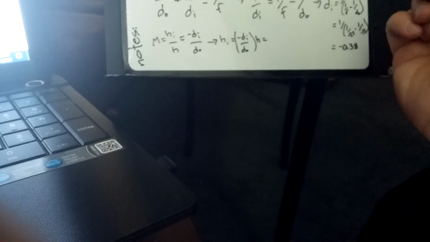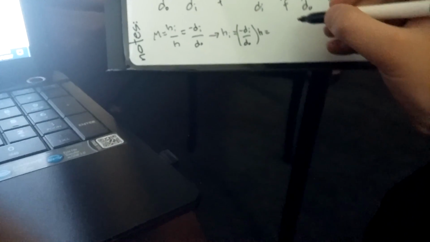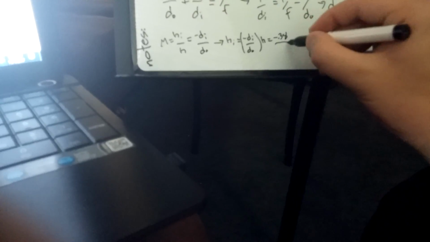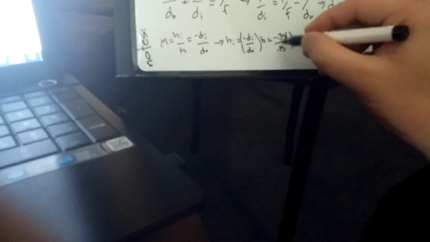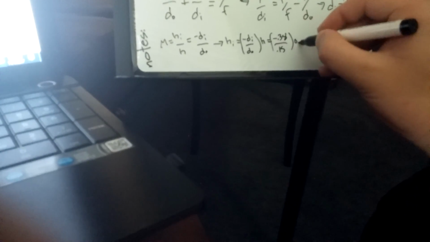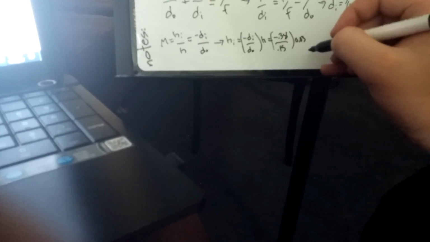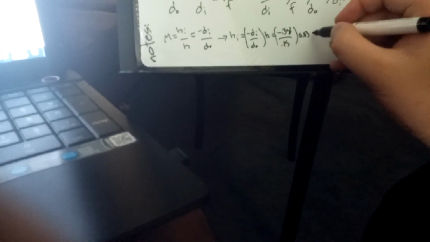We plug in those numbers, we get negative 0.38 over 0.15 times 0.03, because it's 3 centimeters.